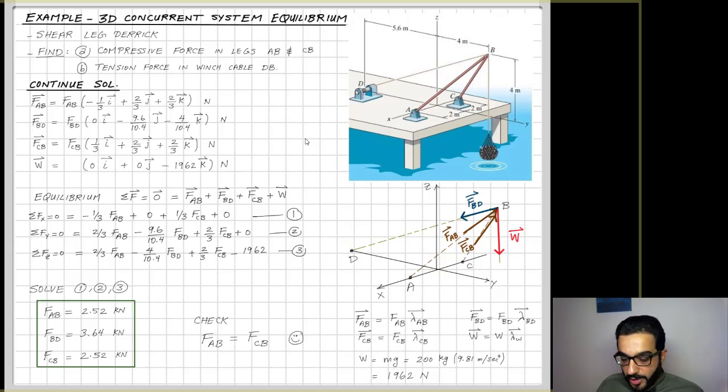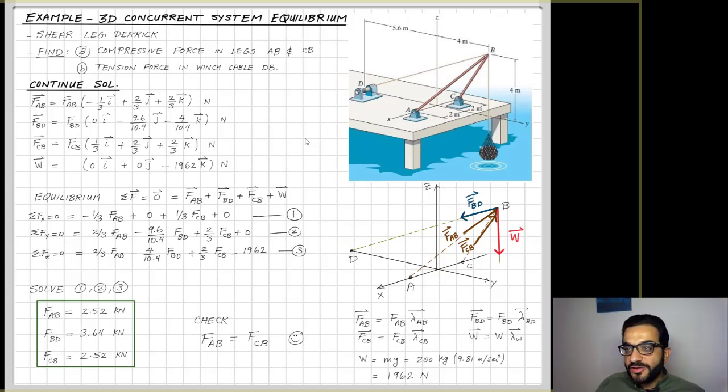So this is a problem to analyze 3D equilibrium, but not for a general statics problem. It's for a concurrent system. You can get a flavor of how long the analysis of equilibrium will be for a non-concurrent system. Anything non means bad news, right?